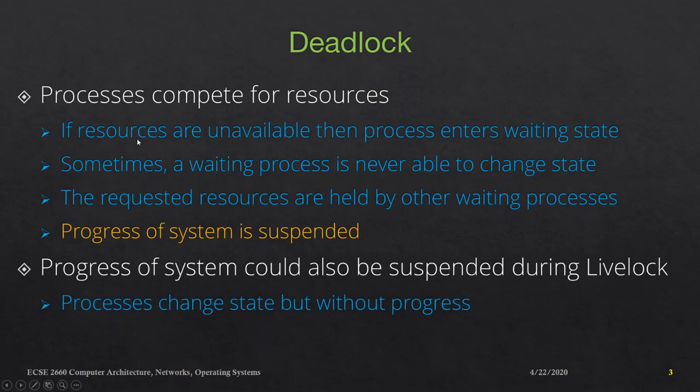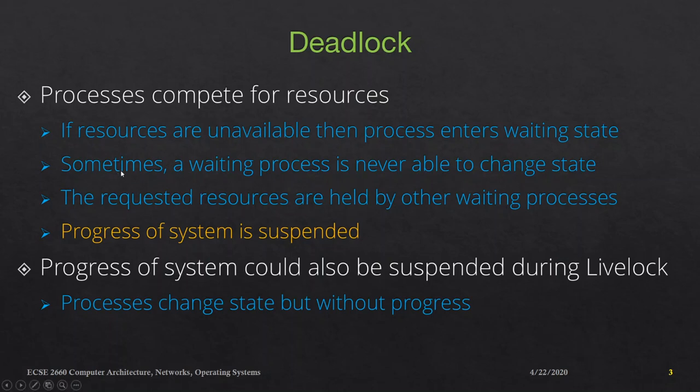So if resources are unavailable, then a process would enter the waiting state. And this could happen to one process, or it could happen to any process, where it goes to the waiting state when it doesn't have the resource to complete that process.